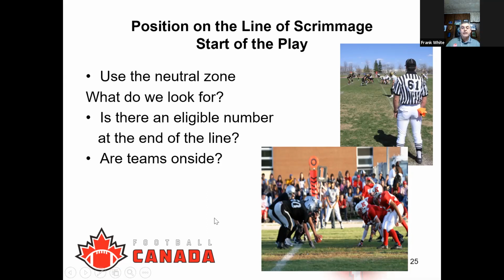That'll give you a sense of where that 1 yard zone is, so that you can tell whether the defense is lined up offside or not. The responsibilities that you have on the sidelines are making sure that you have an eligible receiver at the end of the line, and obviously ensuring that both teams are lined up onside, and that your offensive line players don't move early.